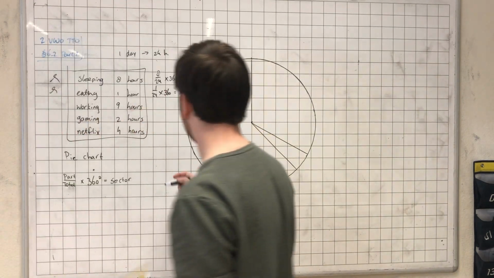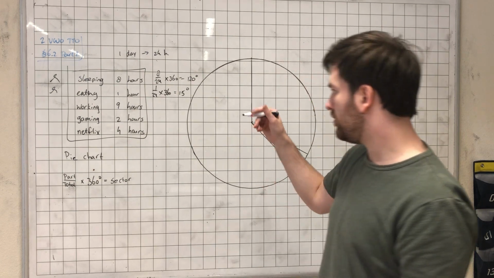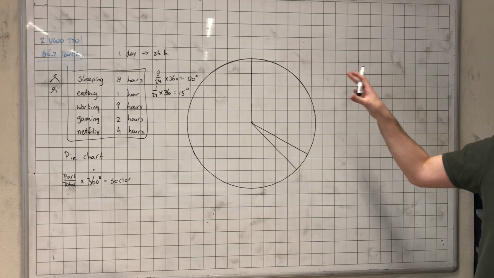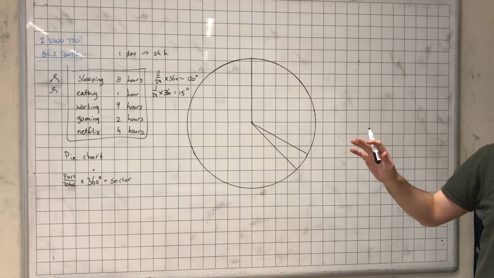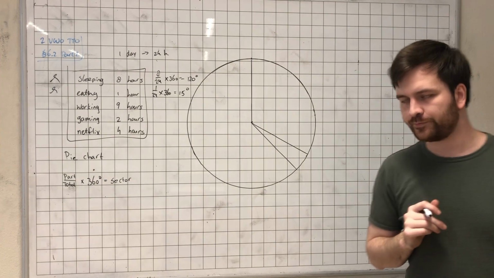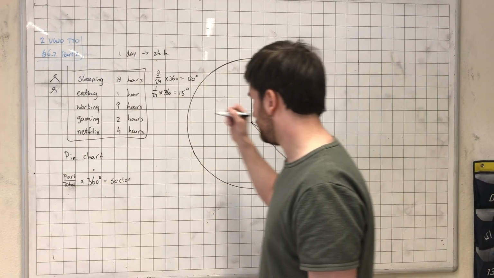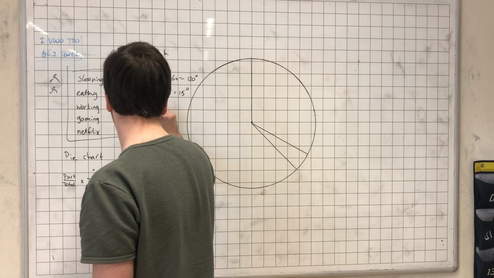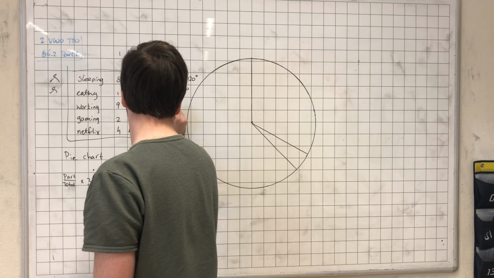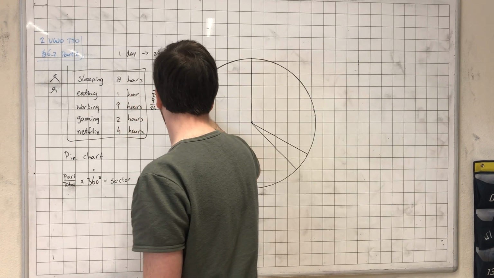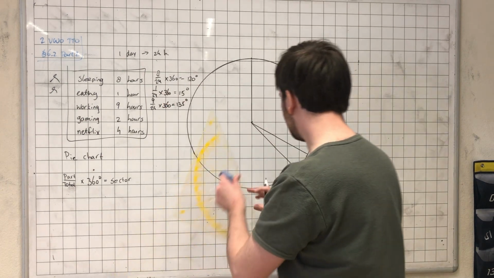Next one, working, is a really big one. So once again, we're going to draw. Maybe you can already finish this one yourself. Pause the video and see if you can do that. So I'm going to finish it myself as well. First, the calculations, they should be 135 degrees.